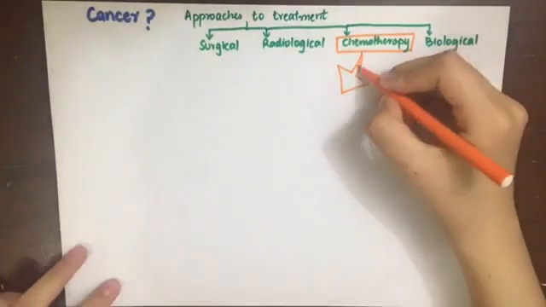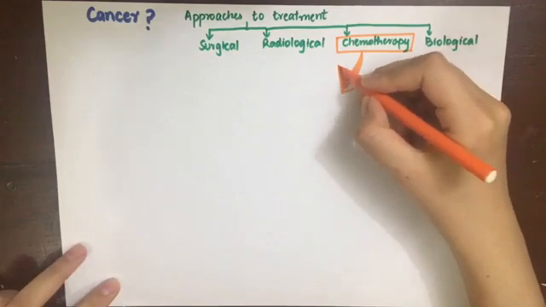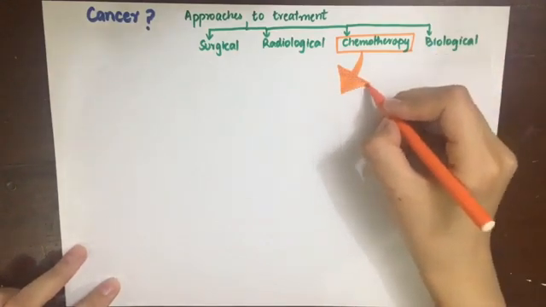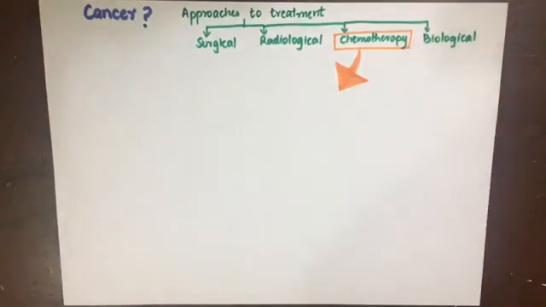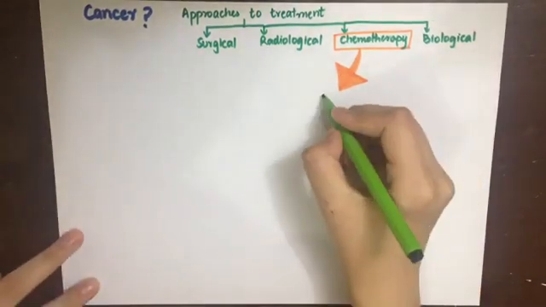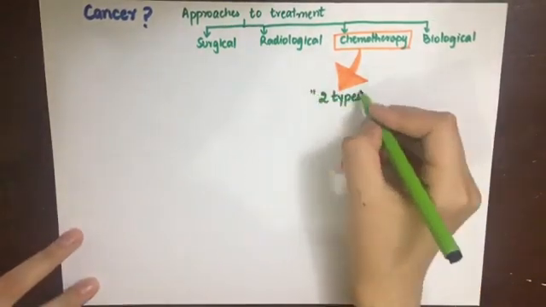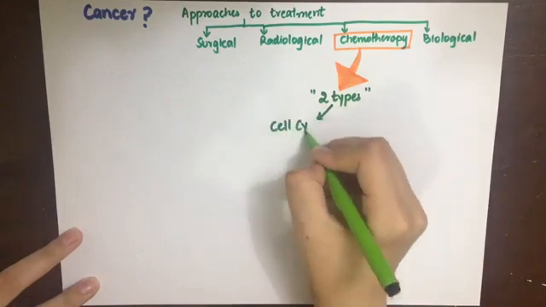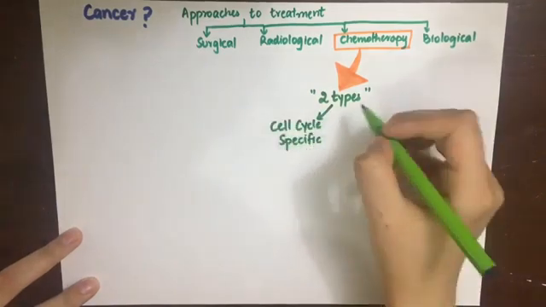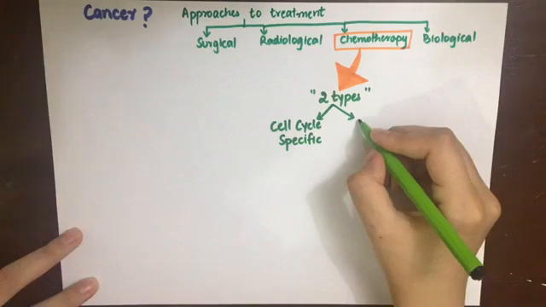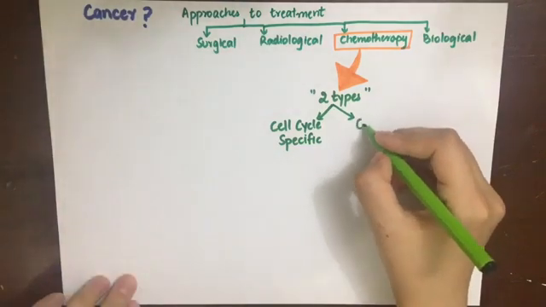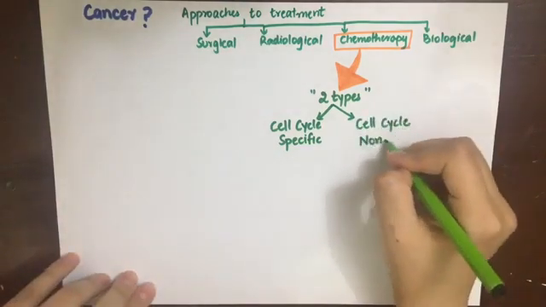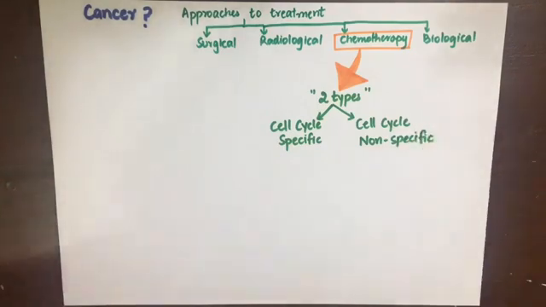Now, as cancer is a disease of mitosis, we can inhibit this uncontrollable division by acting on the cell cycle. That means we can divide the drugs into those that are specific for acting on the cell cycle, the cell cycle specific anti-cancer drugs, and the cell cycle non-specific drugs, which can act on any phase and are not specific for a particular phase.